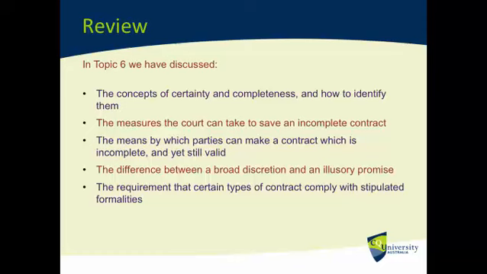We started out with certainty, and we said that a contract is uncertain if the court cannot attach any real meaning to it at all. But the court's still going to try and save an uncertain contract if it can.